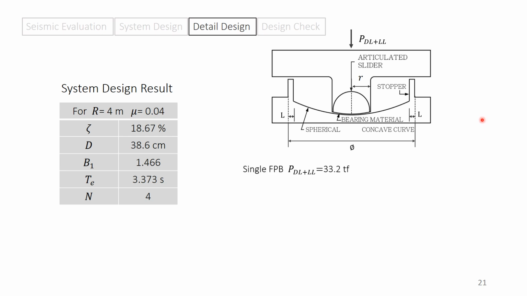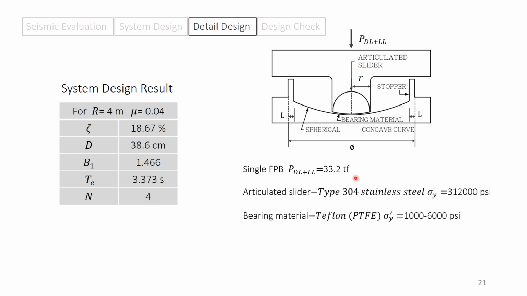So for a single friction pendulum bearing, we know that the actual load will be 33.2 tons for a single FPB. And we have to find the parameters of the FPB.